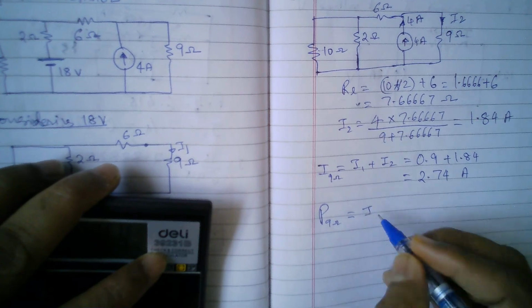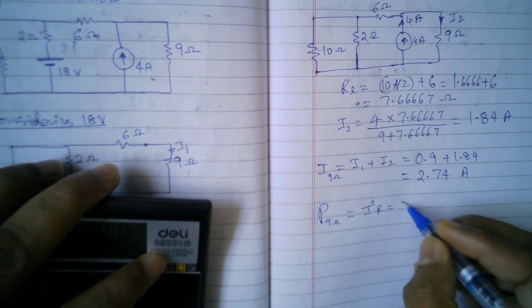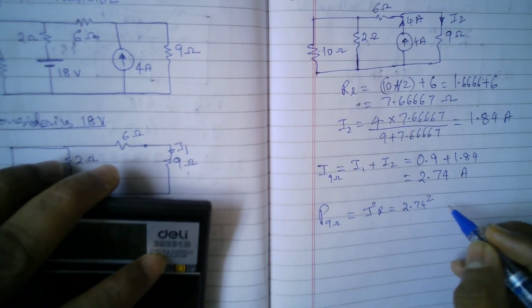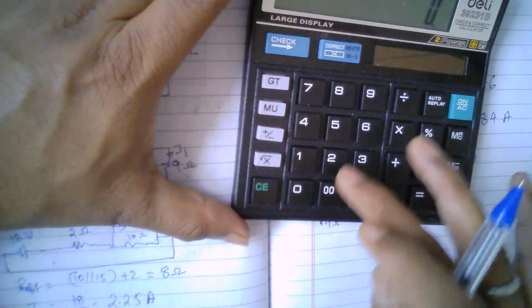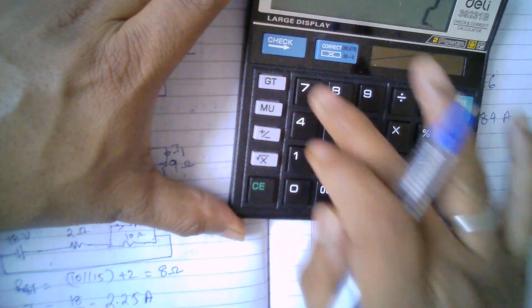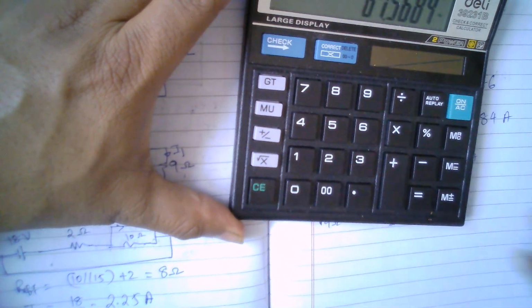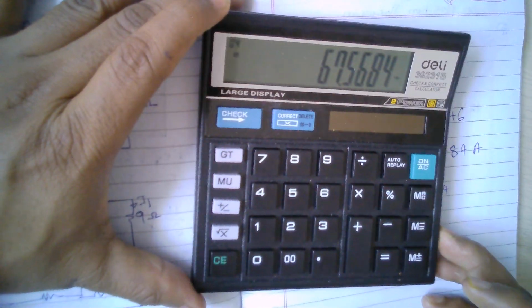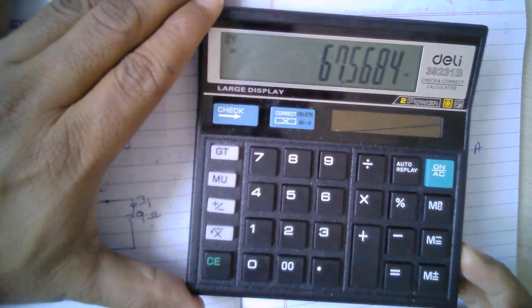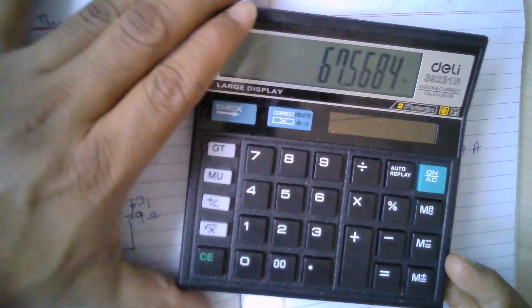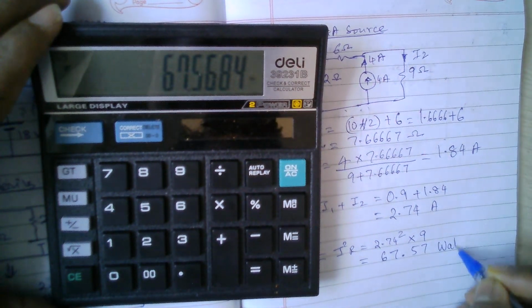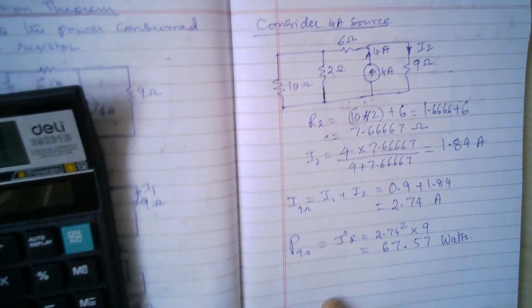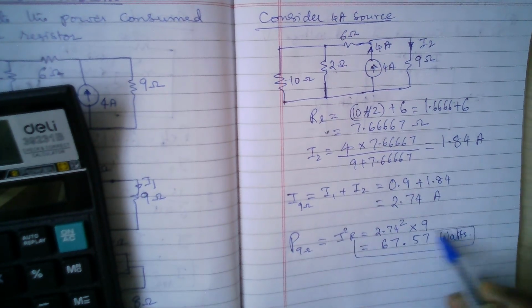Power is I squared R. That is 2.74 squared multiplied by 9, so 2.74 into 2.74 into 9. I'm getting 67.57 watts. This is the final answer for this particular question.